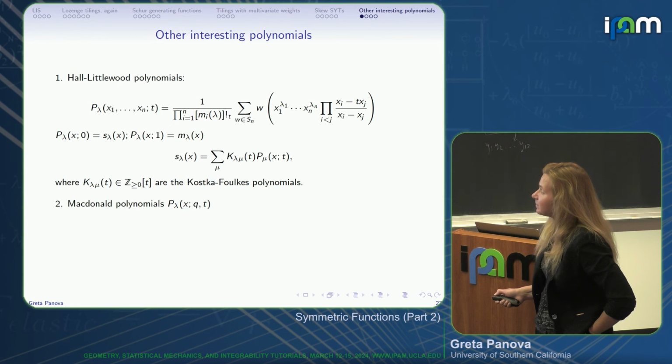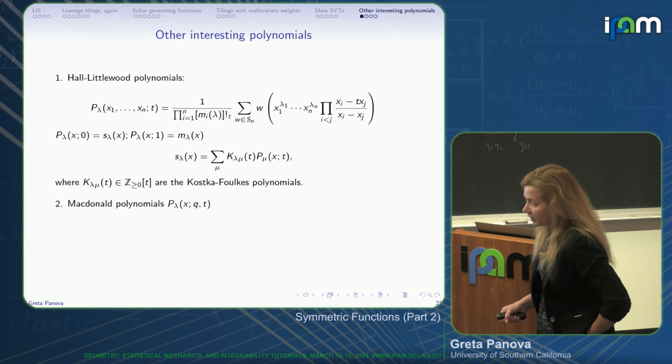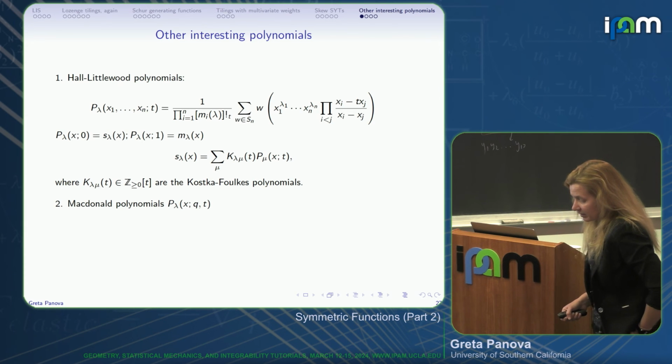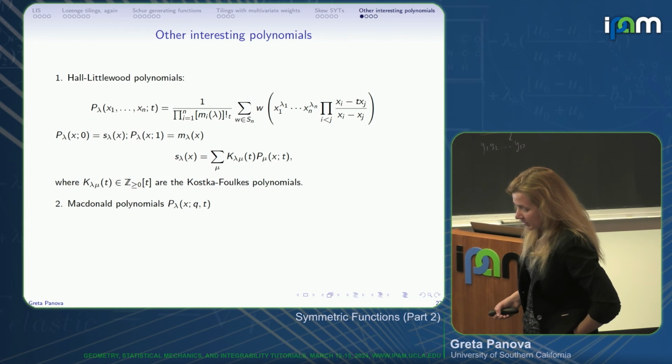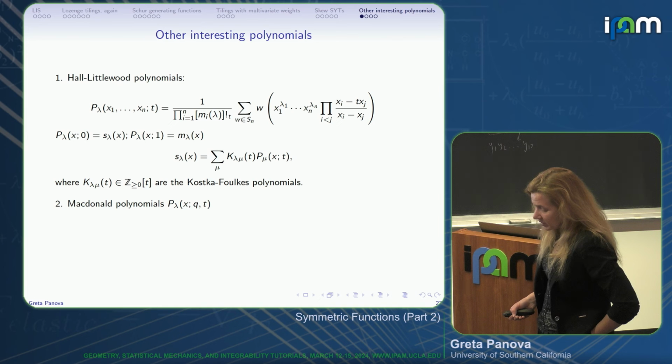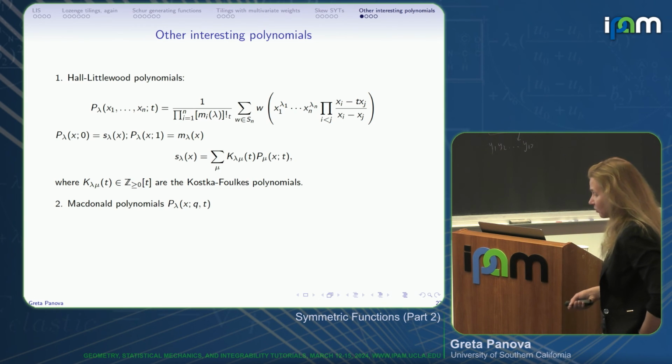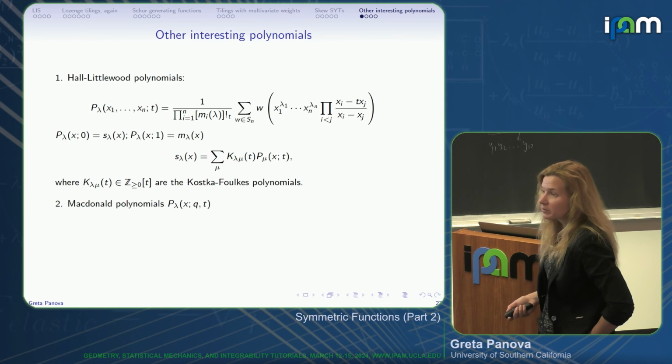Positively in the sense that the coefficients in the expansions are polynomials in q and t with non-negative integer coefficients, and we know this is actually true from some deep representation theoretic reasons, but we don't really have a combinatorial formula for that.